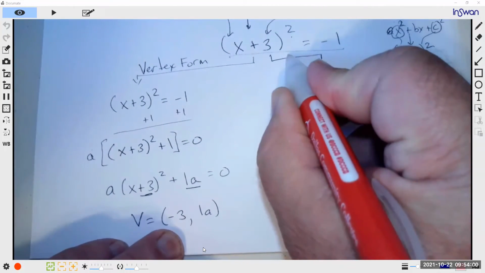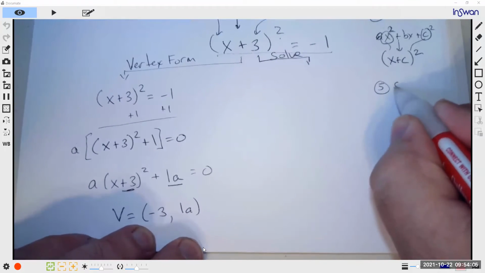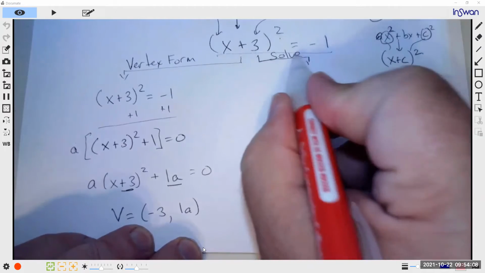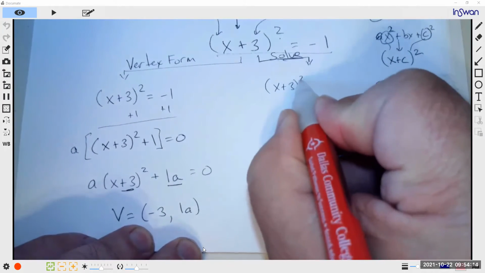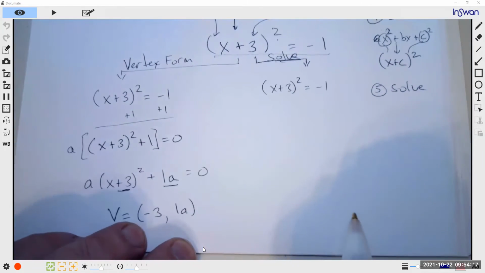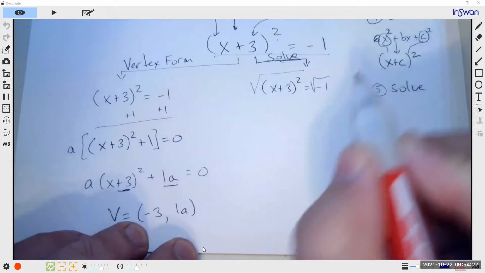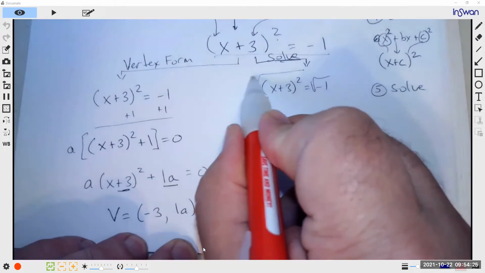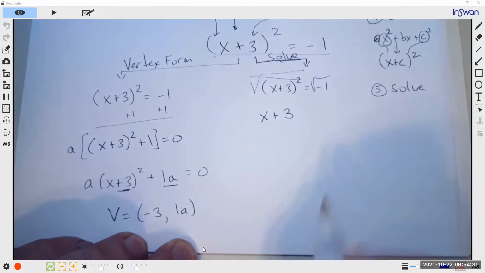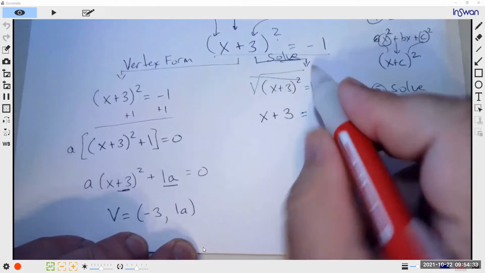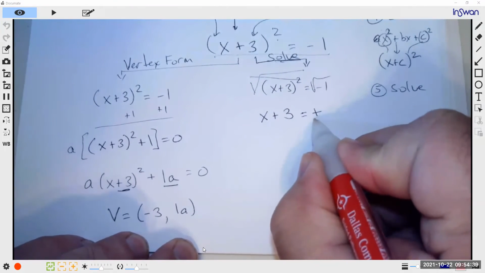But if you want to solve it, which is what the 5th step is, we try to get the x, so we square root both sides, and the square and square root cancel. Remember, whenever you square root a squared term, you have to put a plus or minus in front of the answer.